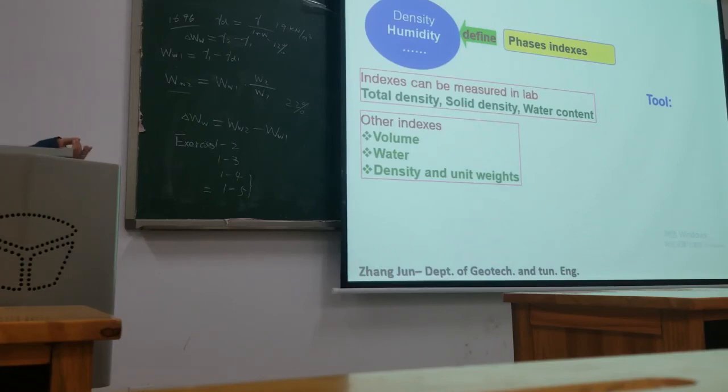Bulk density, the density of soil particle, and the water content, the 3 parameters. Okay, and the other indexes, how to calculate them.